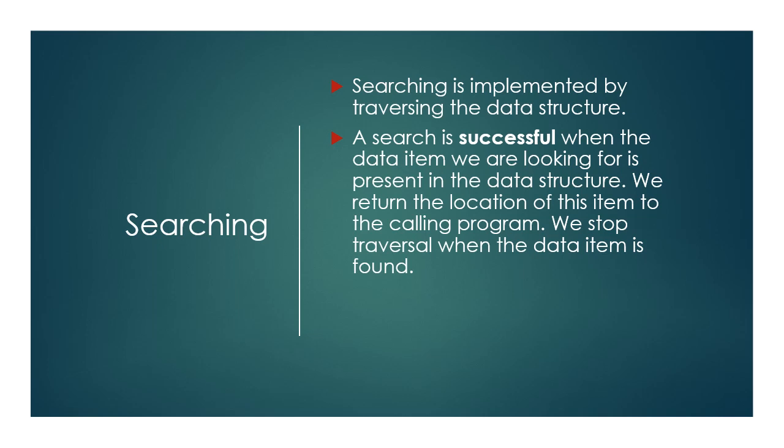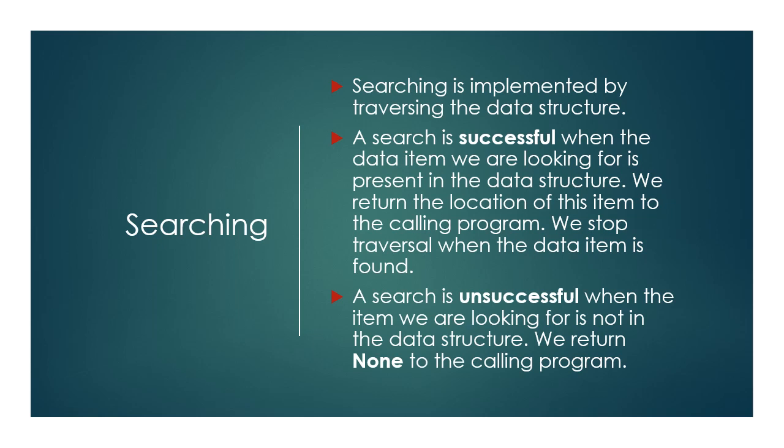We return the location of this item to the calling program, and we stop traversal when the data item is found. A search is unsuccessful when the item we are looking for is not in the data structure. We return none to the calling program.